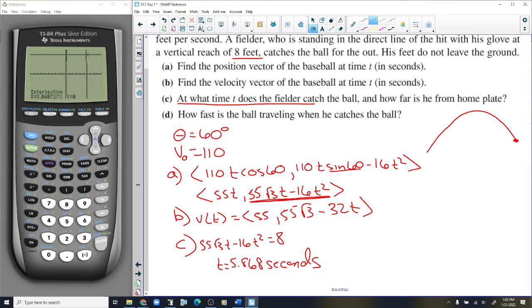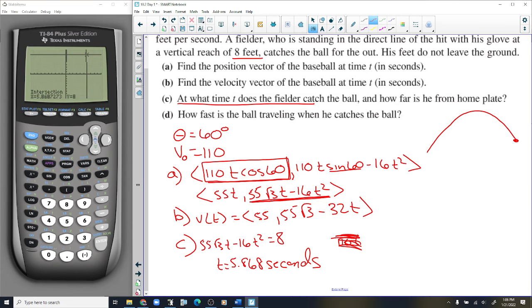But it also says, and how far is he from home plate? Well, that's the x of t right here. That'll be the horizontal distance from home plate. I can use the 55.